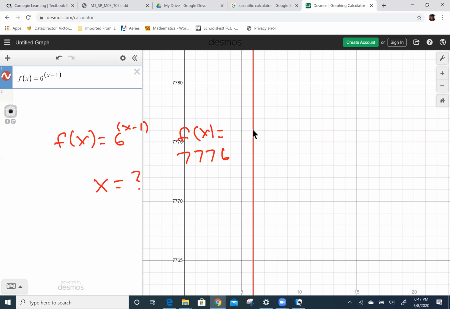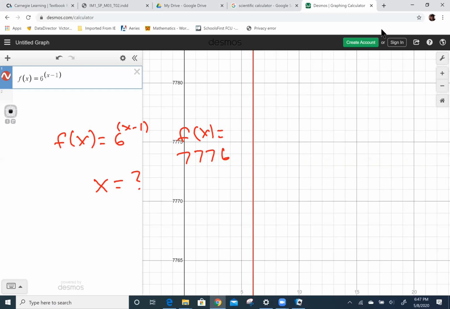And if you click on there, it should give you your x value. But like I said, it's been giving me some trouble. If you click there, it should give you what the x value is, but for some reason, it's not doing it. So I'm going to go ahead and go to the other one.